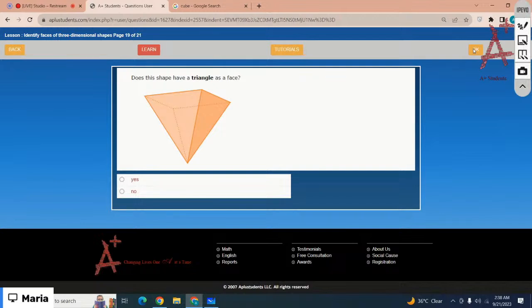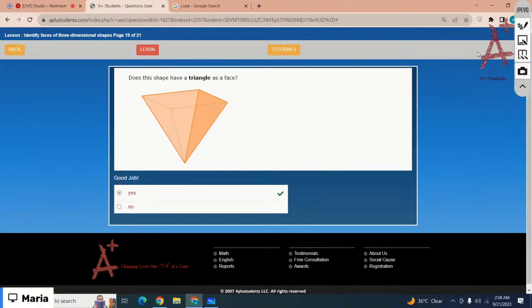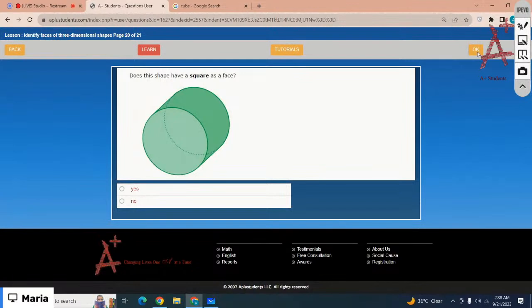Does this shape have a triangle as a face? The correct option is yes, right? Does this shape have a square as a face?